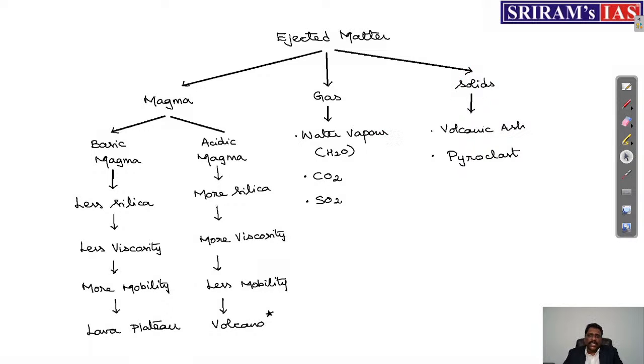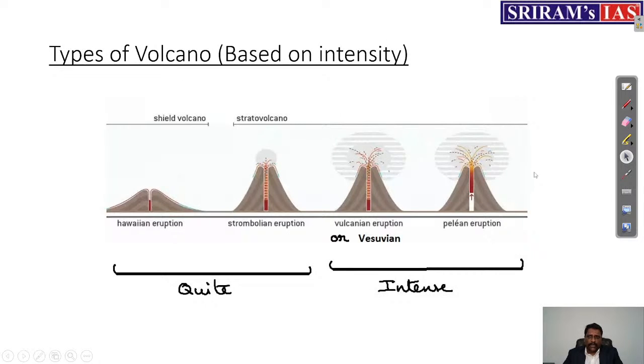And finally, I already discussed it. When I talk about the types of volcano based on intensity, the very quiet being Hawaiian, quiet but not so quiet, you call them as Strombolian. Intense type and the most commonest type, you call them as Vesuvian. And intensified Vesuvian, we call them as what? Right.